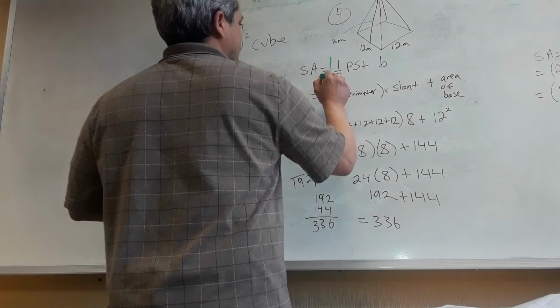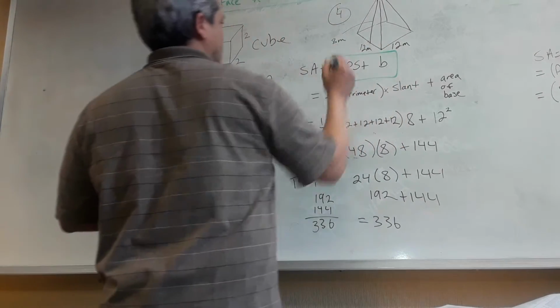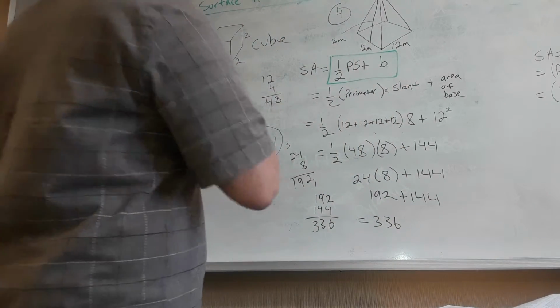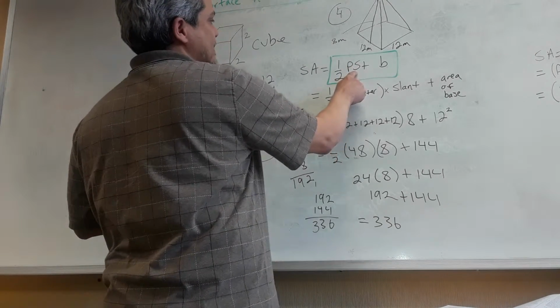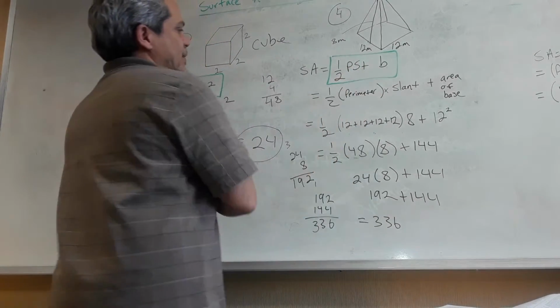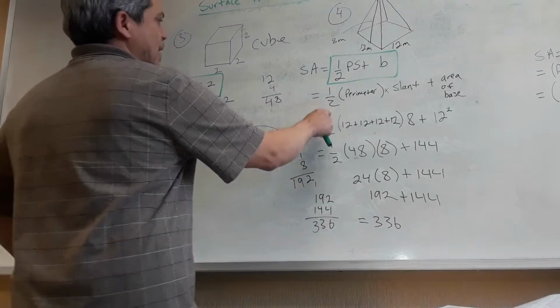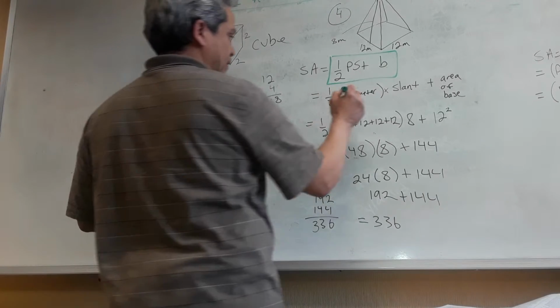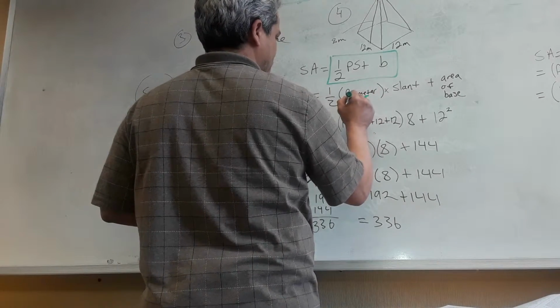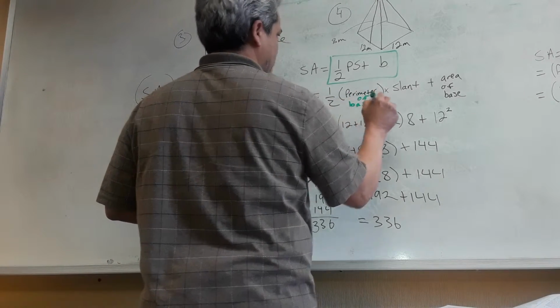Here's the formula for a pyramid: 1/2 times perimeter times slant height plus the area of the base. So 1/2 times perimeter. What is the perimeter? The perimeter of the base. Remember that.